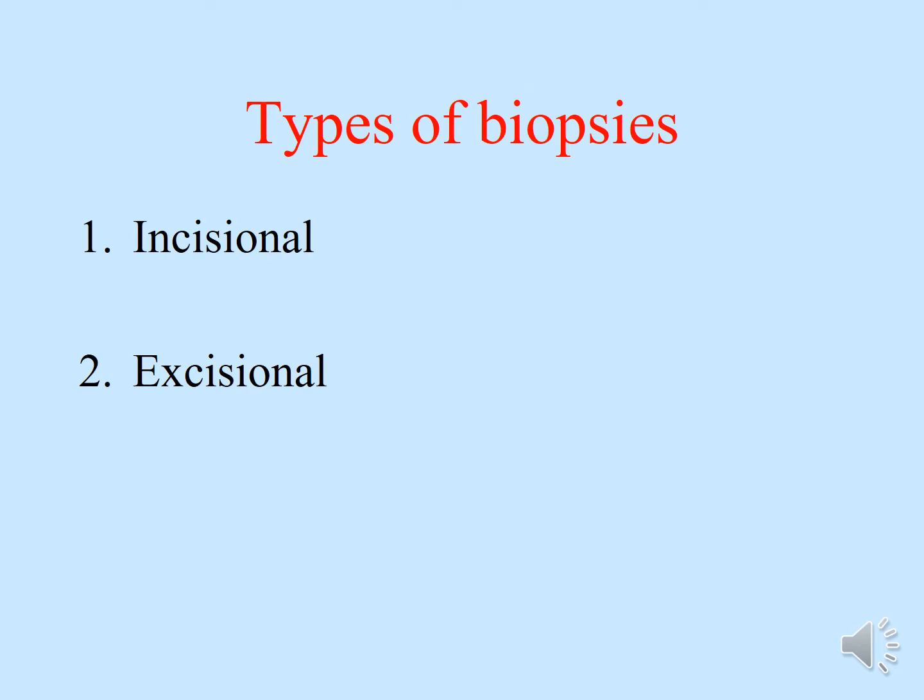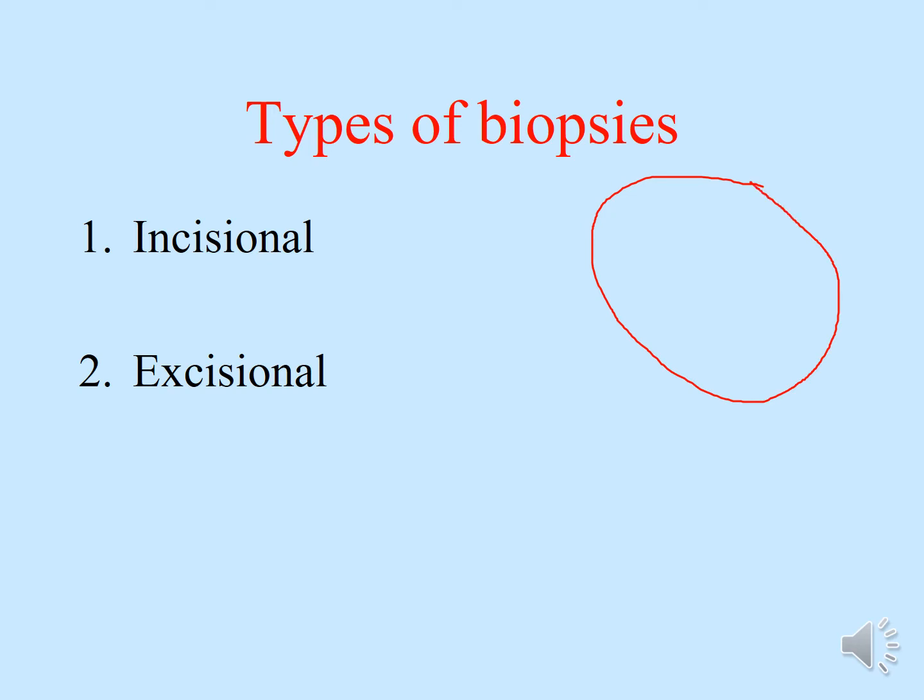So the next question is, what are the types of biopsies? Broadly, biopsies are categorized into incisional biopsies and excisional biopsies. The word incisional is used when you have a large lesion and you take a small piece for diagnosis. Let me give you an example.